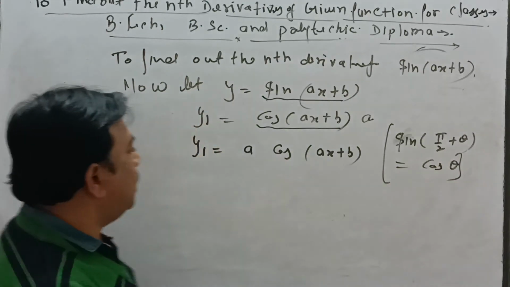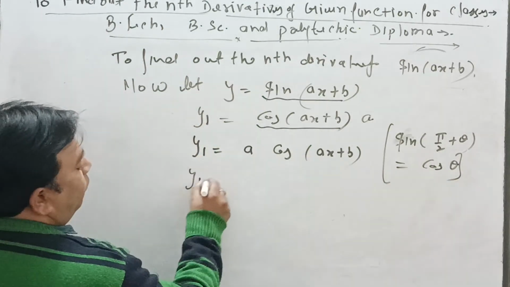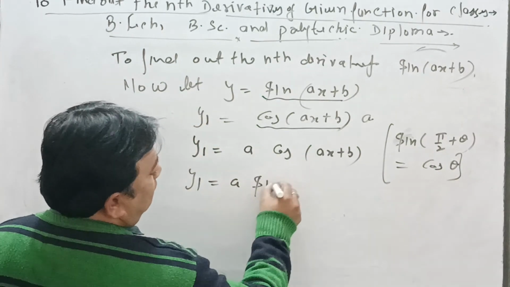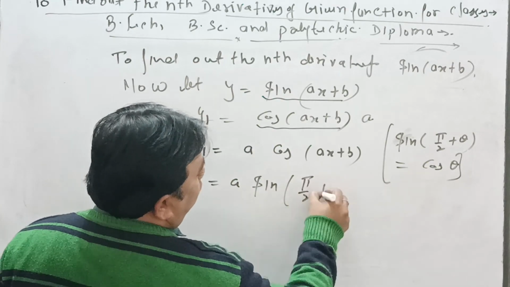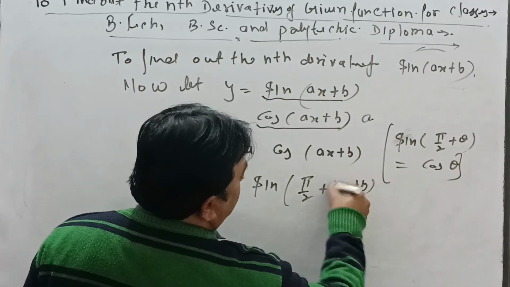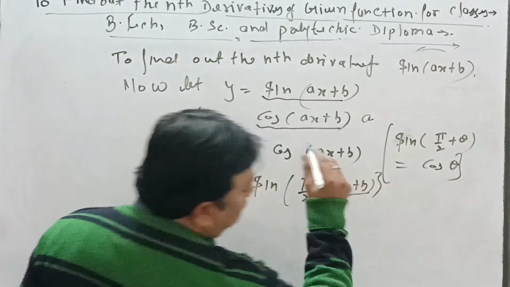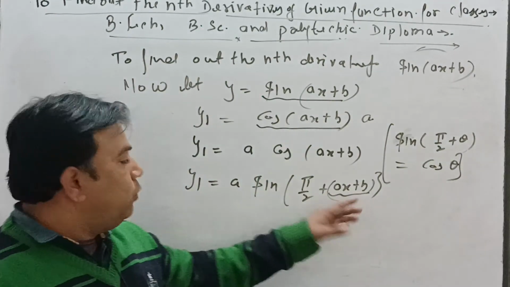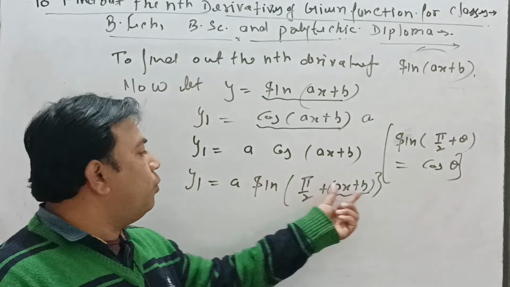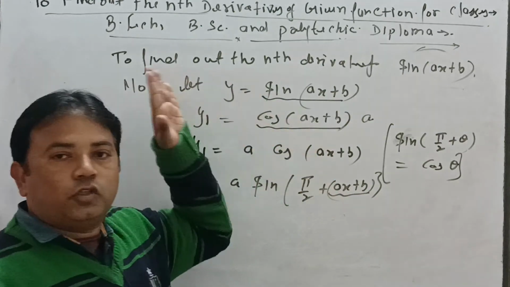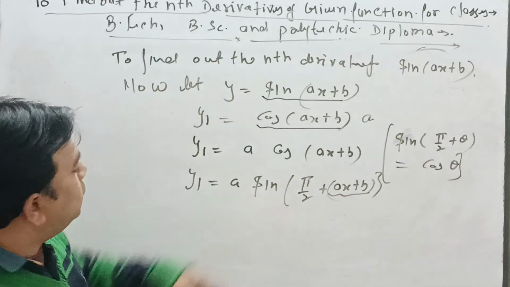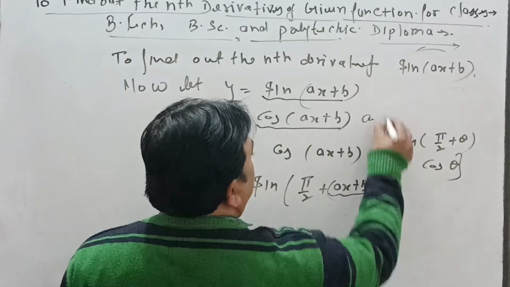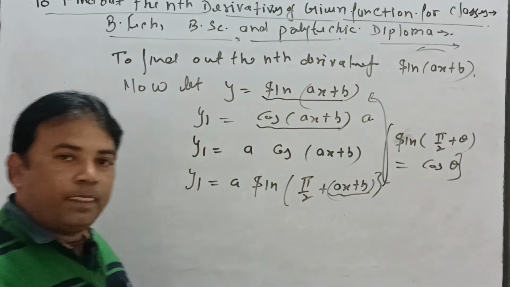So the value of cos theta, you write as y1 = a sin(pi/2 + ax + b). Here ax + b is in the place of theta. So sin(pi/2 + theta) is cos theta. This is also a change back into the initial function, which is sin theta.